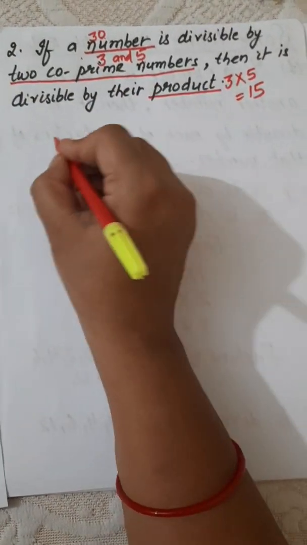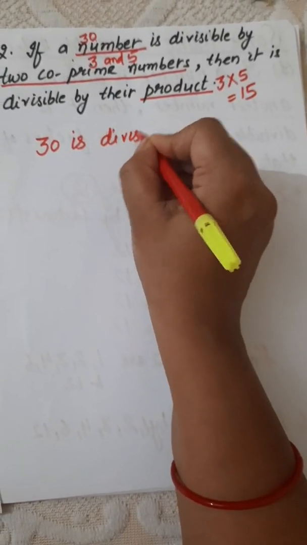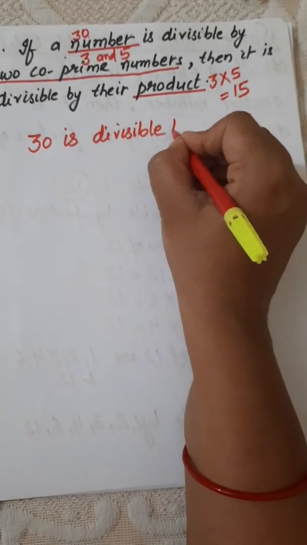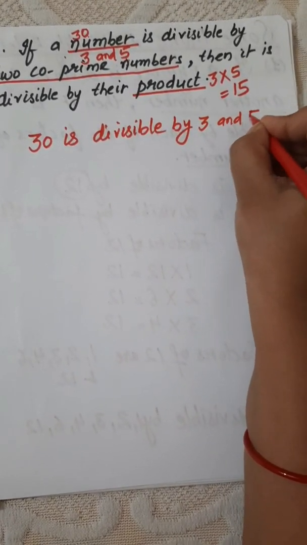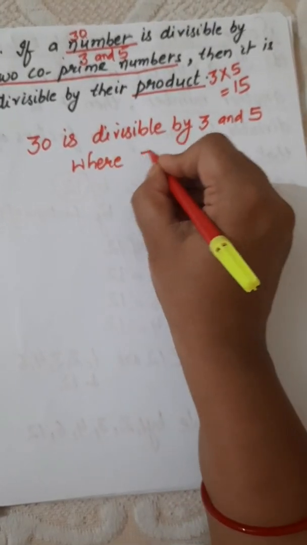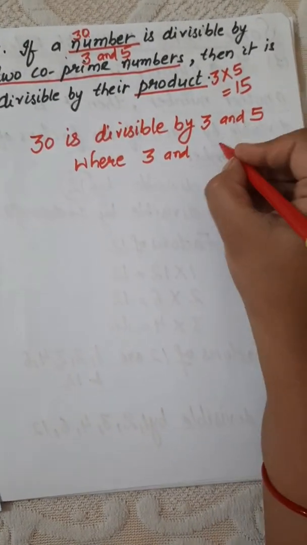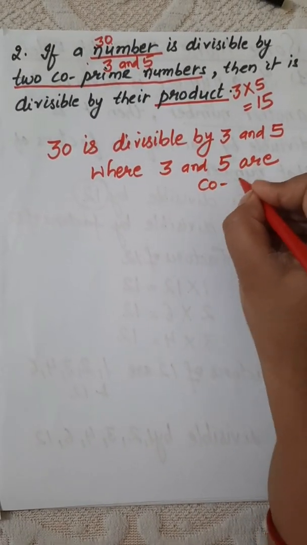So I can write: 30 is divisible by 3 and 5, where 3 and 5 are co-prime.